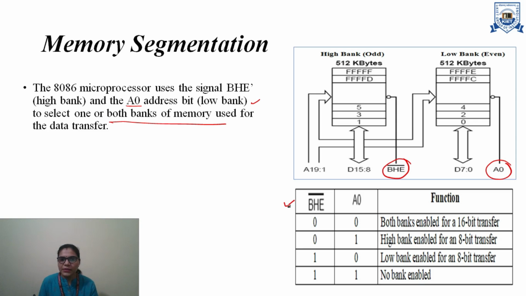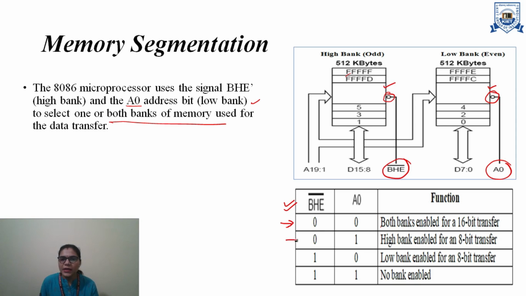In this table, we define how BHE bar and A0 will select the banks of the memory. The 0-0 combination for BHE bar and A0 will select both the banks. BHE bar 0 will select the high bank and A0 0 will select the low bank, because these are active low selection pins, and a 0 value will select the bank.